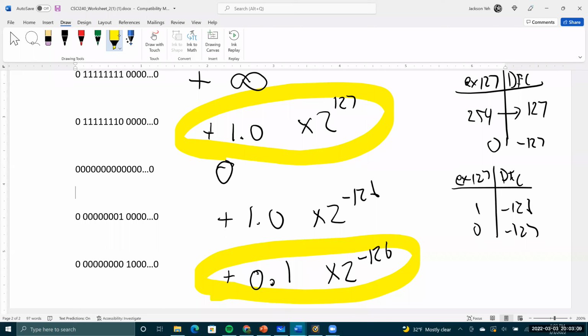If you really want to do it, it'll be 1.0 times 2 to the negative 127, is it? I think maybe 125. 125, okay. But on your exam, there's only going to be one right answer. Don't worry. If you're looking at it, they're technically both scientific notation, unless I tell you to normalize it. Understood. Thank you.